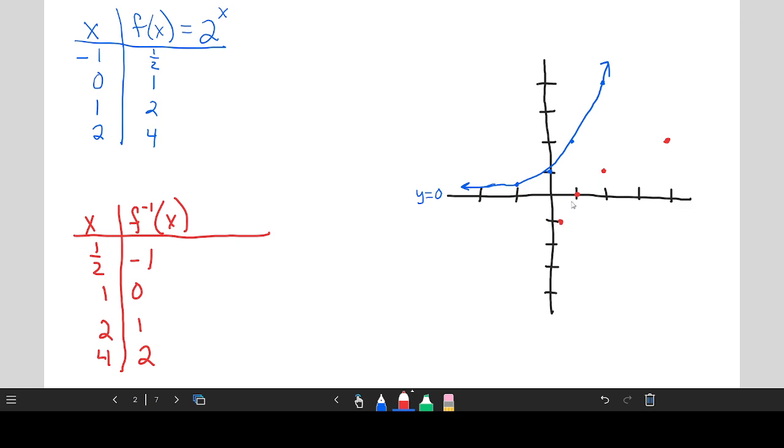So this function also increases from left to right. It increases really slowly. The exponential functions increase quickly. The inverse of that increases very slowly.